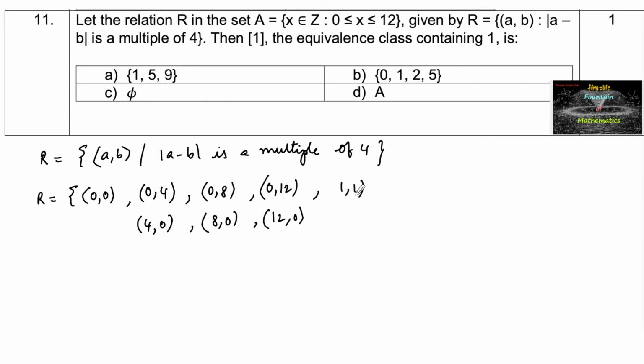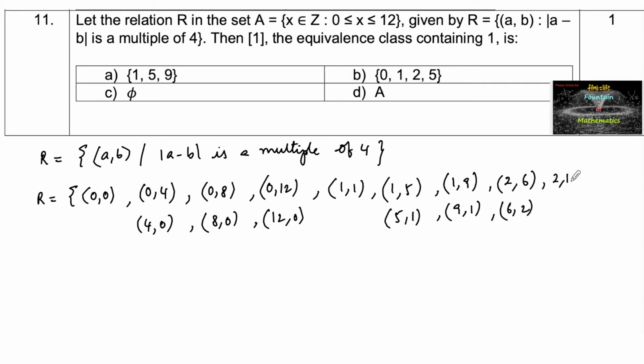Next with 1 comma 1, next 1 comma 5 or 5 comma 1 because the difference is divisible by 4, next 1 comma 9 or 9 comma 1, and next with 2 comma 6 or 6 comma 2, 2 comma 10 or 10 comma 2, and with 3 now 3 comma 3, and then 3 comma 3 plus 4 is 7, 3 comma 7 and 7 comma 3.